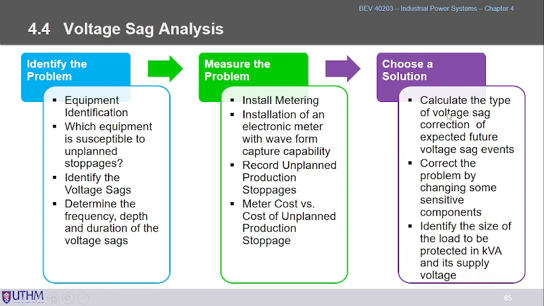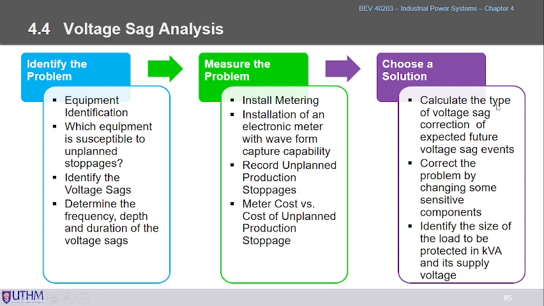Okay? So with the measurement, we confirm which devices are affected and what the durations of the voltage sags are, then we can do some remedial activity here, and the remedial solutions here.